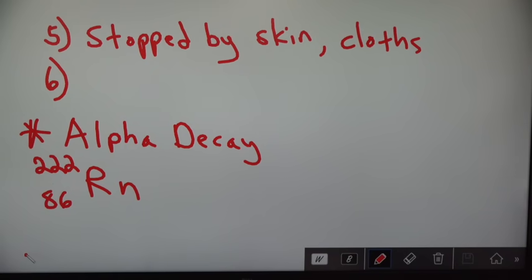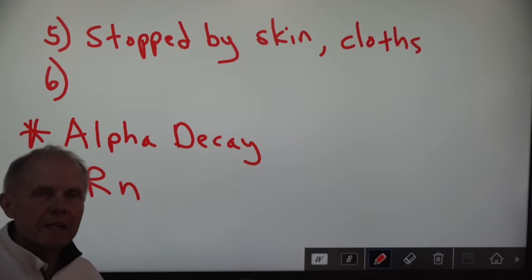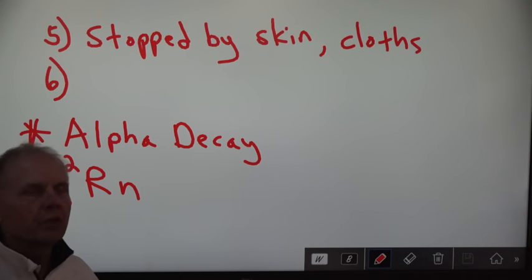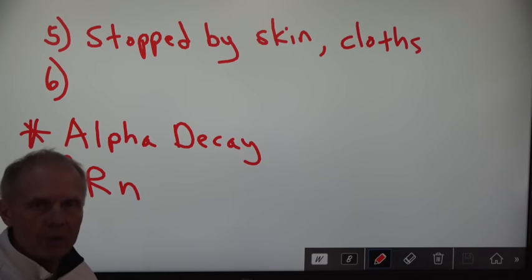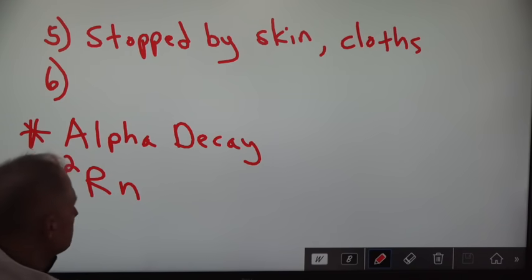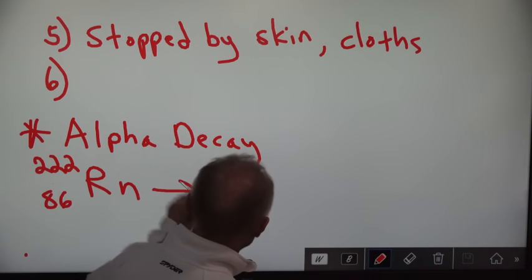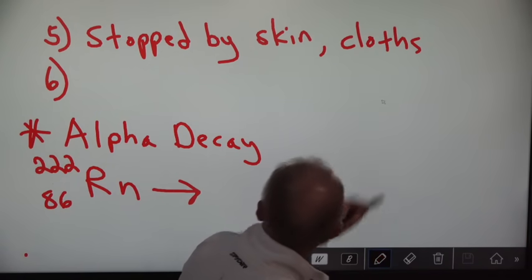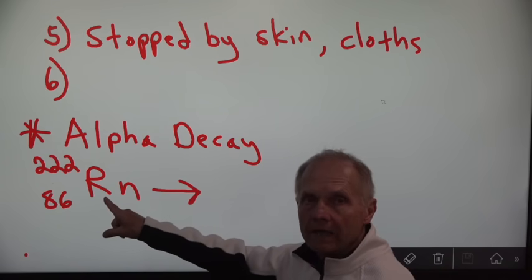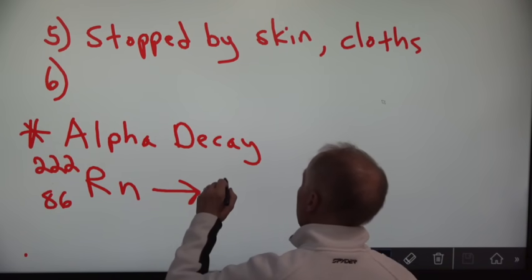So, now listen. An alpha emitting radioisotope means it spits out an alpha particle. So watch. Rn-222. That radon is an alpha emitter, so it throws out an alpha particle.